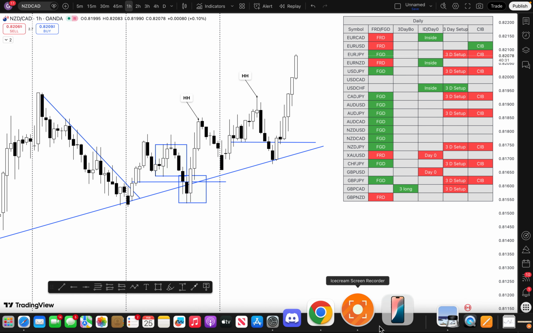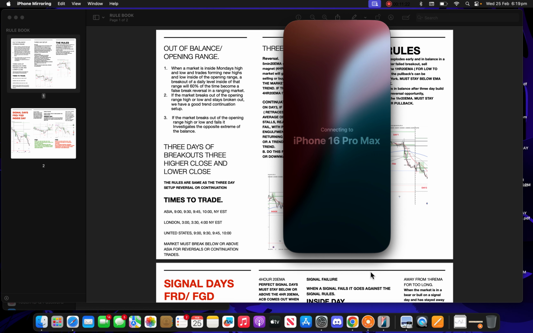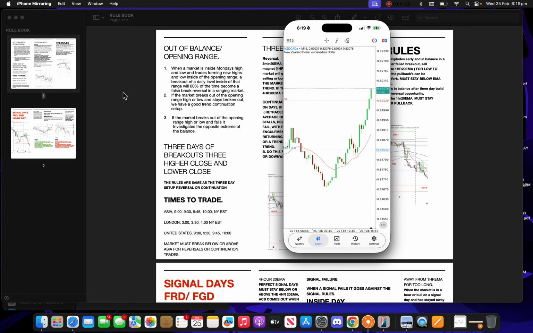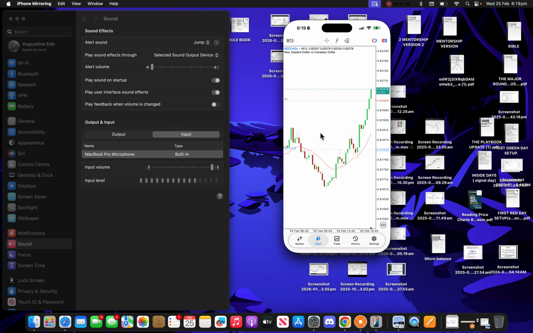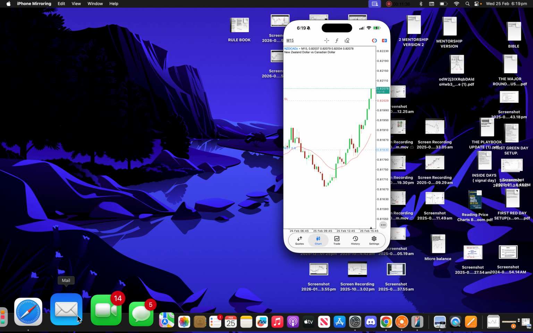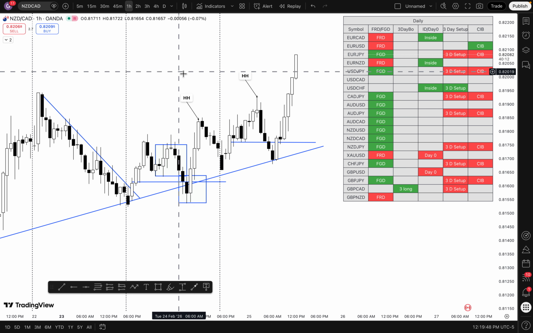Connect my device. Now, if you look at this chart, where do you see me buying from? Look at that market again.